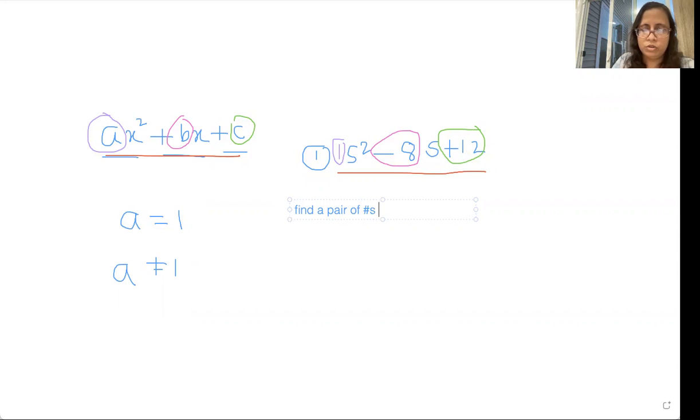If we multiply those two numbers, we will get 12, and if we add them, we will get minus 8, right?